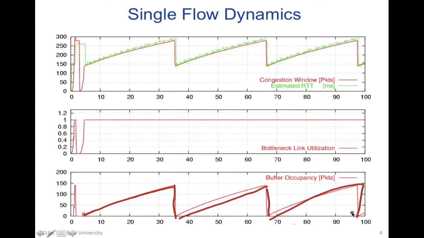But because we're increasing the occupancy of the buffer, we're increasing the delay that packets experience as they go through the network. So therefore, the RTT, the round trip time, is also following exactly the same shape. So CWIN and the RTT actually follow the same shape.